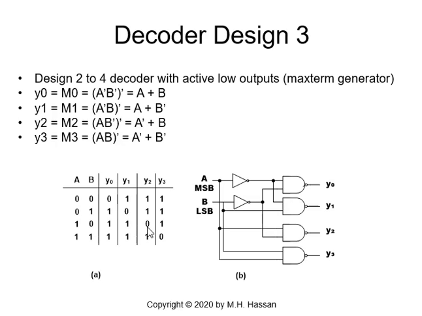It will be 0. Say A prime B, A prime or B is a max term. And it will be 0 for Y3 when A is equal to 1 and B is equal to 1, A prime or B. So from the truth table, we can generate the logical equations for Y0, Y1, Y2, Y3.